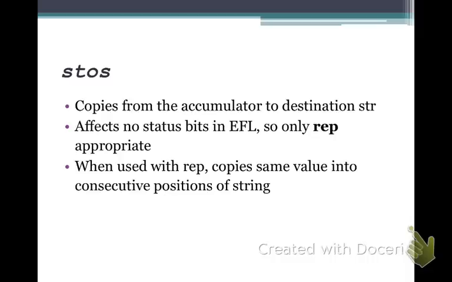When repeated, it's going to copy the same value into consecutive positions in a string. So, not a problem if we want to initialize all of the values in an array to 0 or some other element.